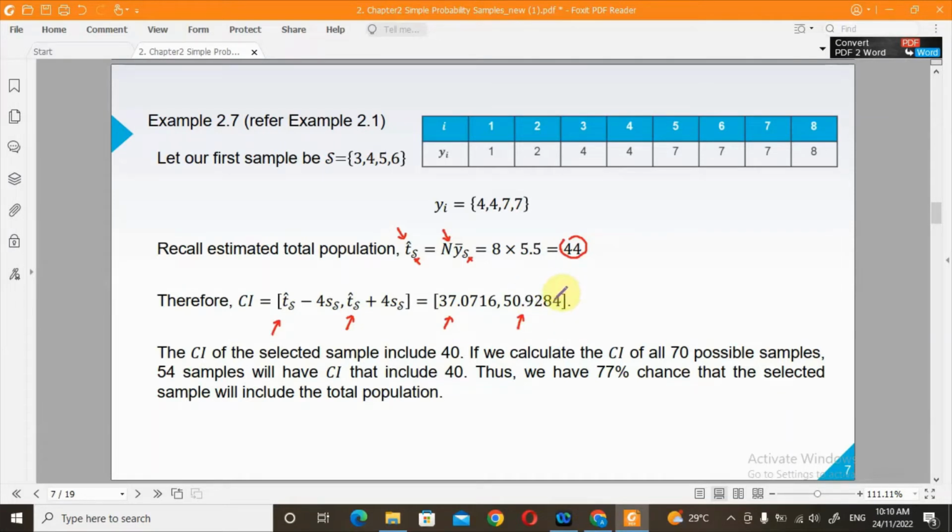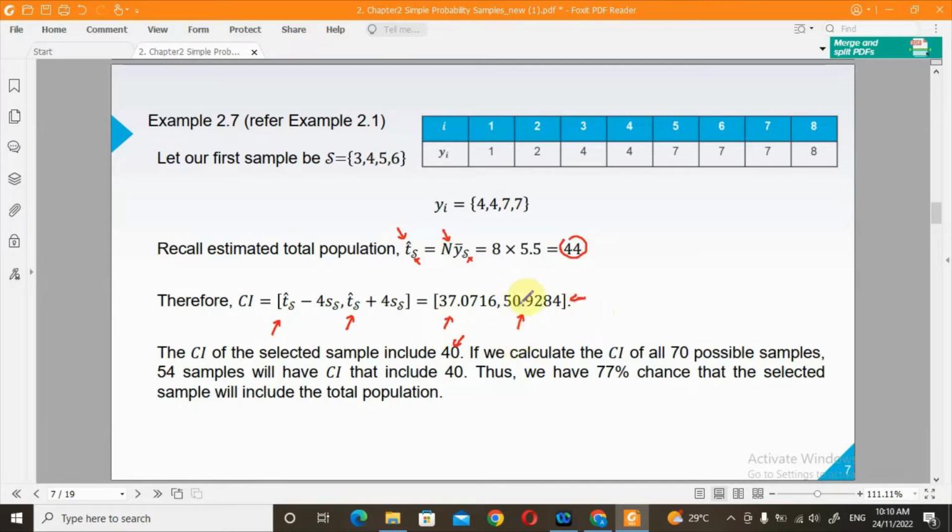If you notice here, the 40, the population total, our true value, our parameter value, is included in this confidence interval. It is included, right? If we calculate for all 70 possible samples, 54 samples will have a confidence interval that includes 40.